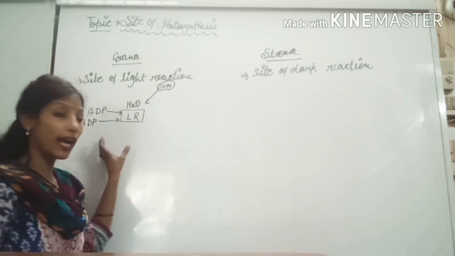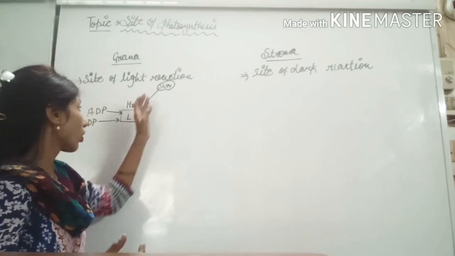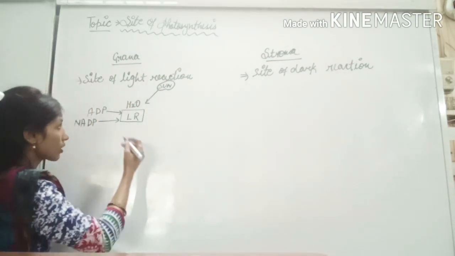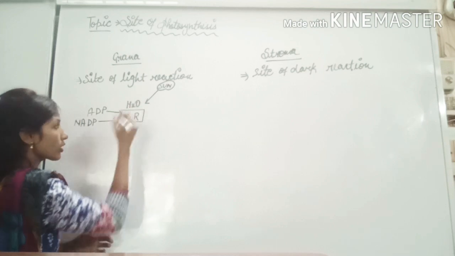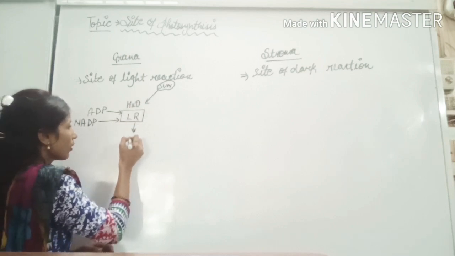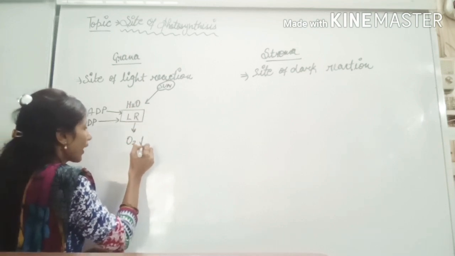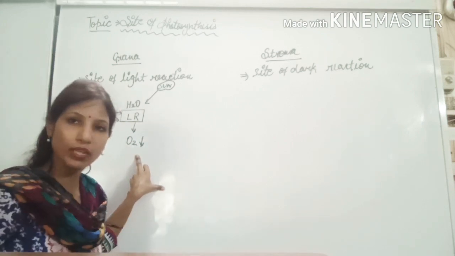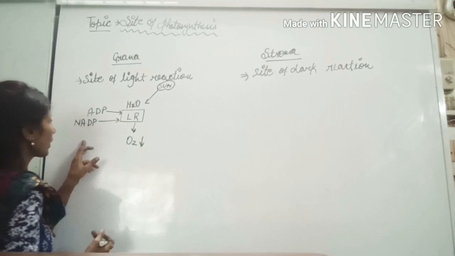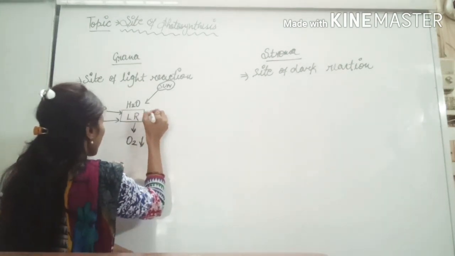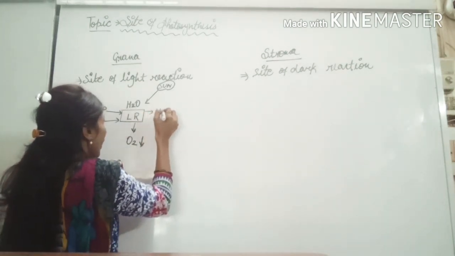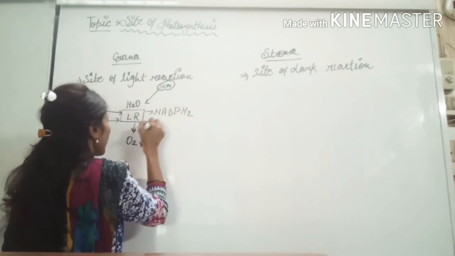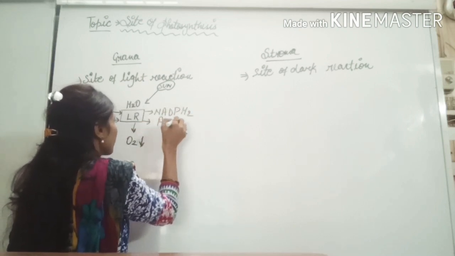After taking the hydrogen, the O2 is there. O2 will be removed into the atmosphere. And the end products will be NADPH2 and ATP molecules, right?